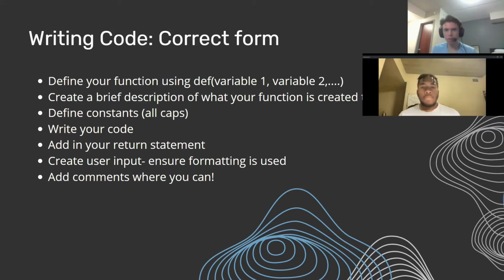So in Python, you want to define your function using the keyword def, as in D-E-F, and then you want to use parentheses to encapsulate any parameters or arguments. You could use those kind of interchangeably here to define any sort of variables you want to be using in your function that you want to be able to pass into it.